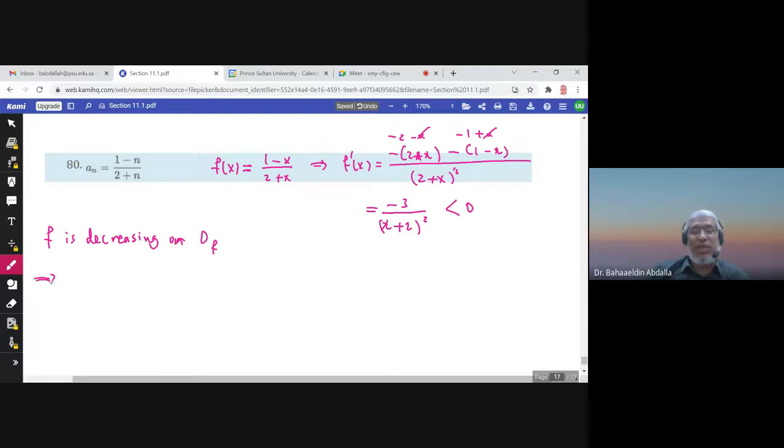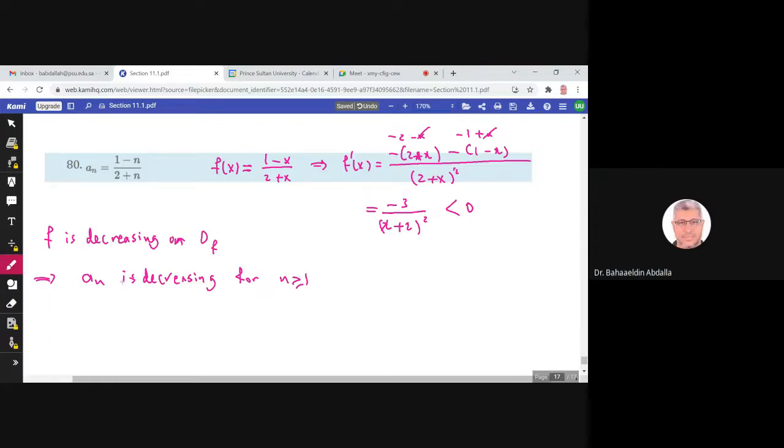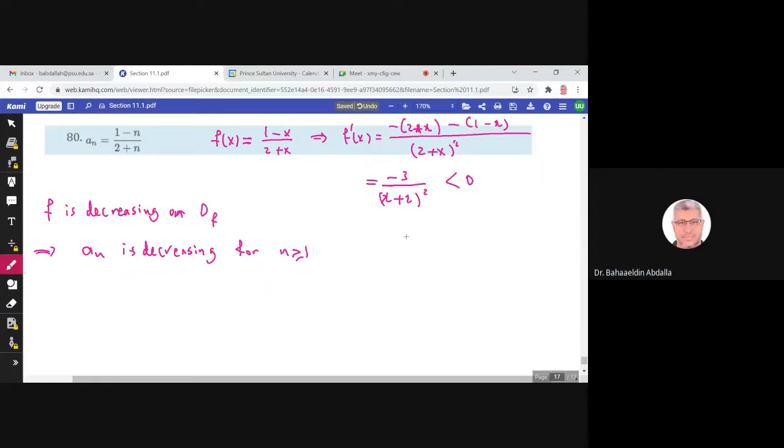And this means that the sequence a_n is decreasing for n greater than or equal to 1. Of course, the domain of f is all real numbers except -2. So from 1 to infinity, especially for x greater than 1, f is decreasing. So the sequence is also decreasing, so it is monotonic.